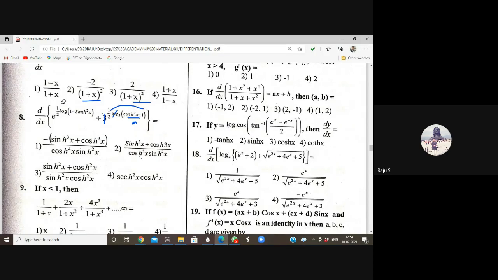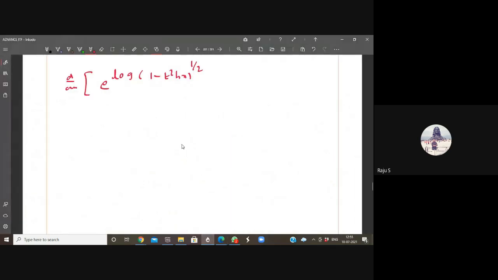See here, 1 by 2 m log a formula, log a power m I applied, plus 3 to the power of log of cot square hx minus 1 whole to the power of 1 by 2. Here base 3, here base is e. I told you clearly log e will be cancelled when these two values are same. Okay, here both will be same, cancel it.